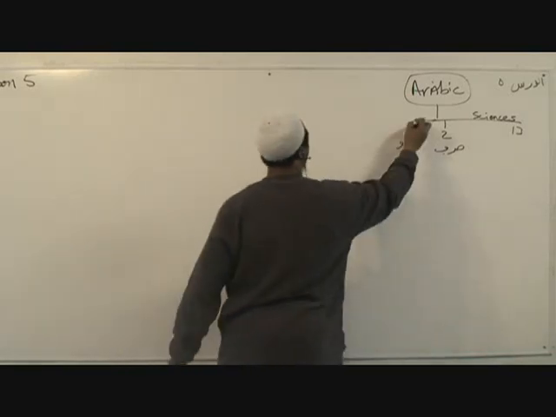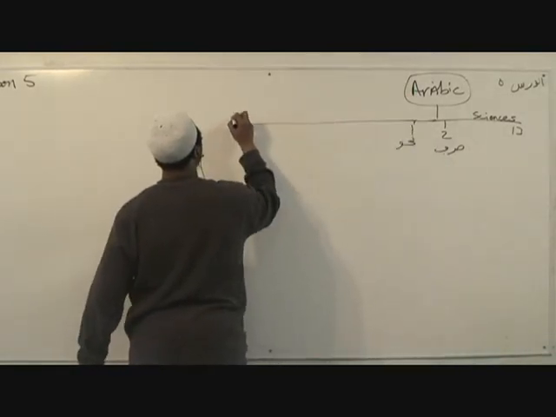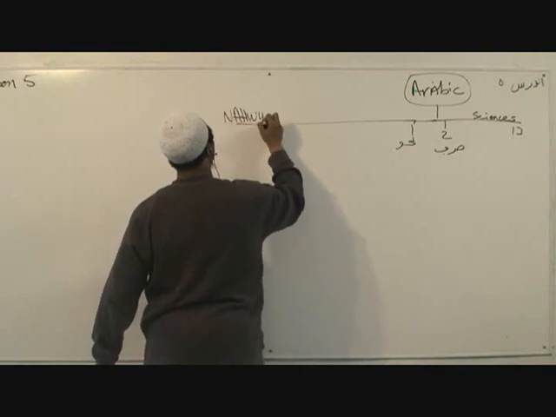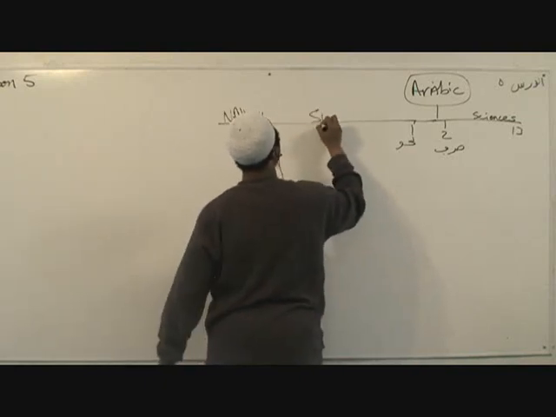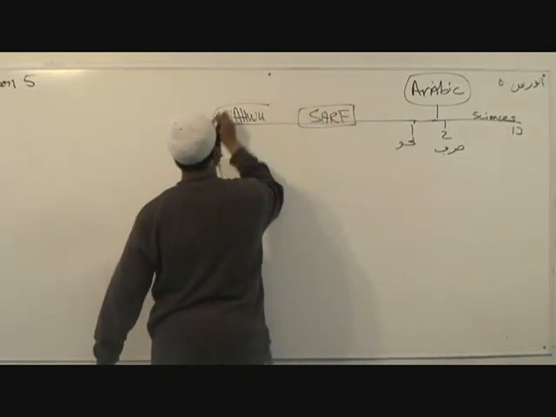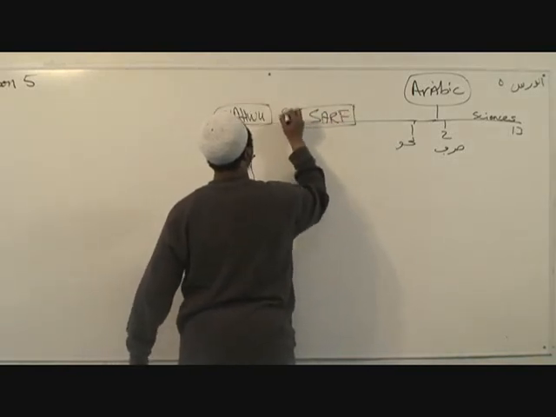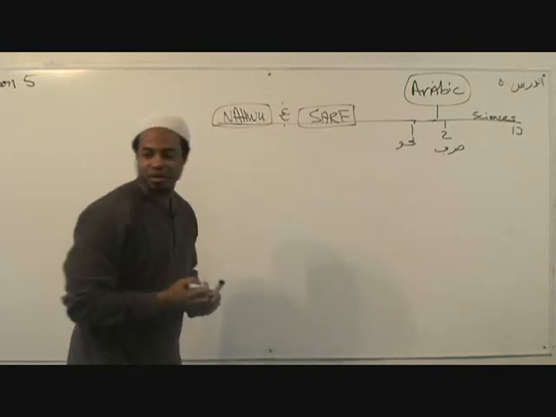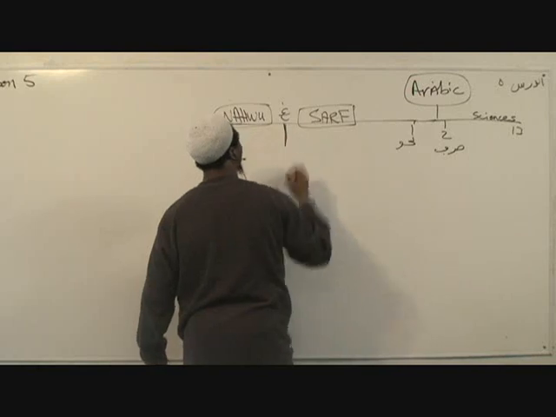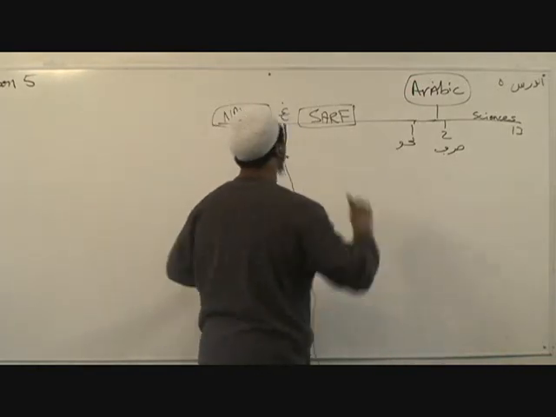Now, I'm going to put it out here. And I'm going to say this is Nahwu. Everybody say Nahwu. And this one is Sarf. And I'm going to make them equal. They're going to be joined by "and," because we're doing them together.